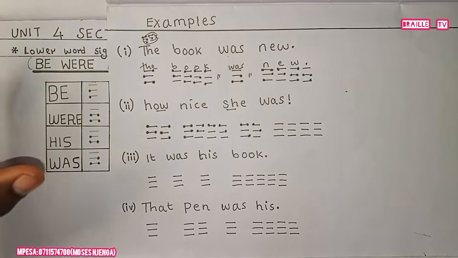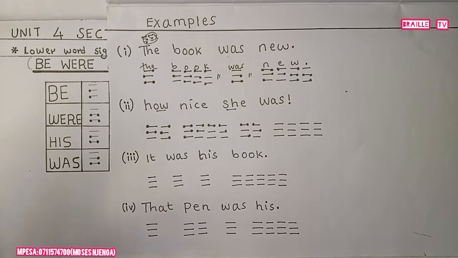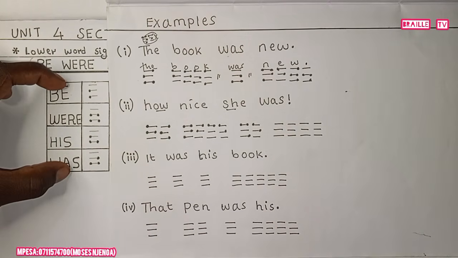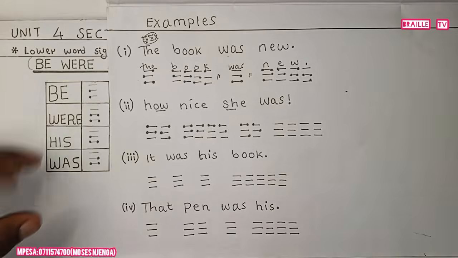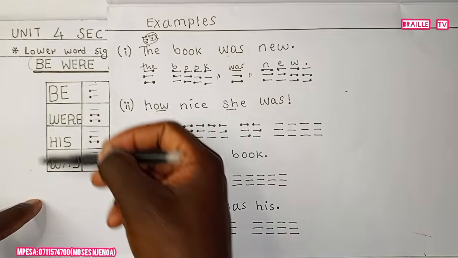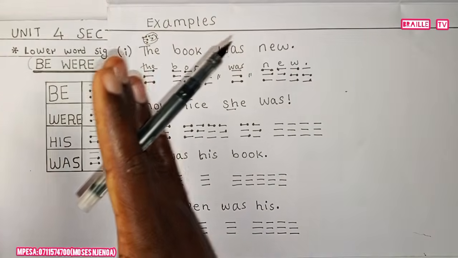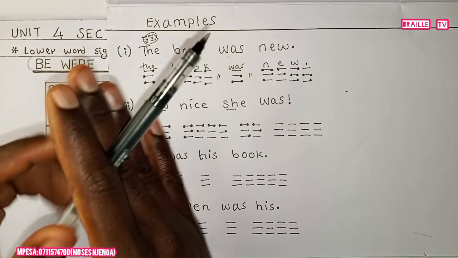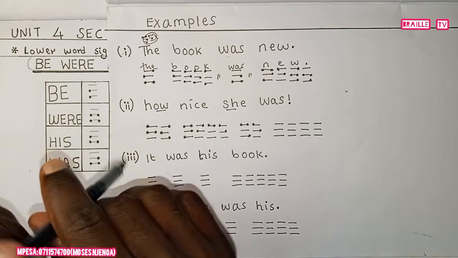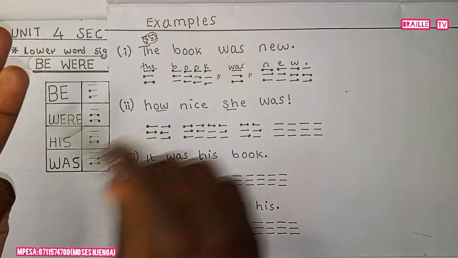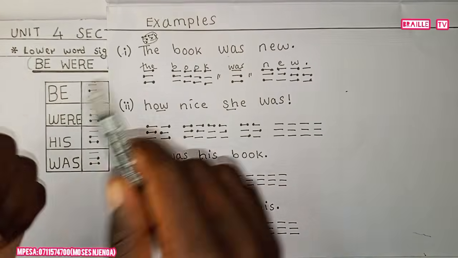When there is any punctuation adjoined to them, you spell them out, because these are lower word signs that must be spaced from all other signs, including the punctuation sign. So they are very special in their own way. You don't adjoin them with any punctuation, be it full stop, question mark, exclamation mark, comma, anything.